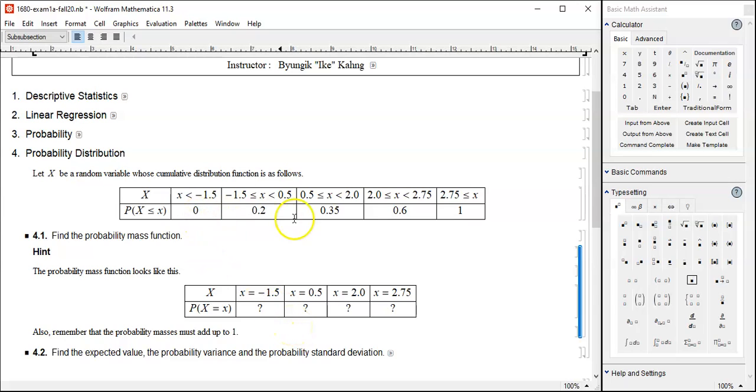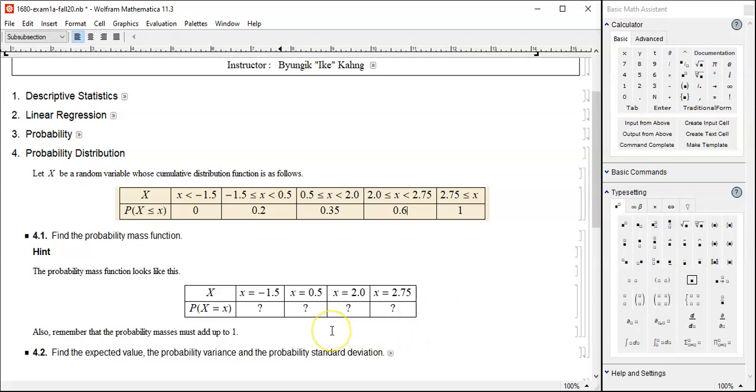And all these numbers are cumulative probability. For example, this last number here is the sum of these 3. Add all these, then you're going to get 0.6. I'm giving away a bit too much.